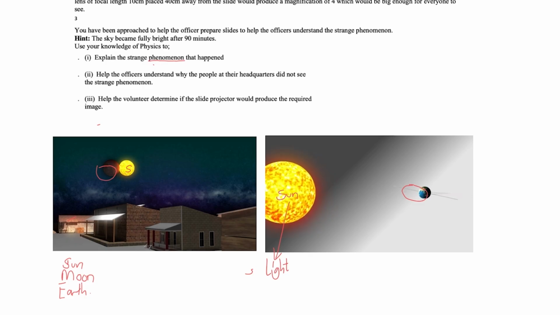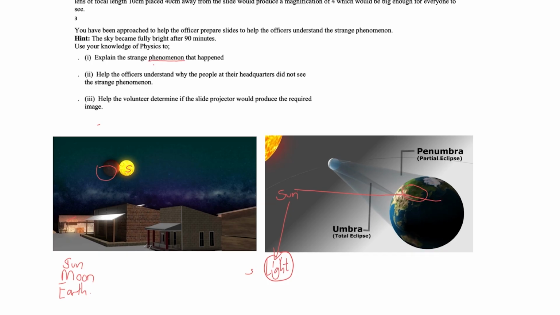Now, when the Earth, the moon, and the sun are in a straight line, as we are seeing here, light from the sun is obstructed by the moon.